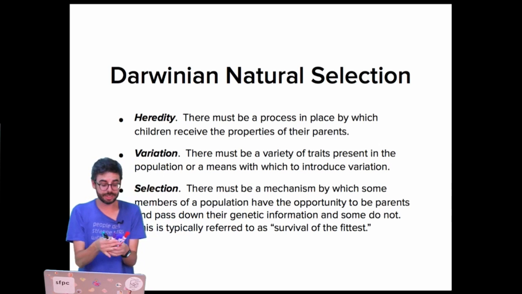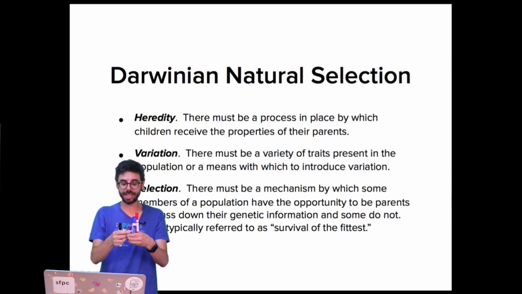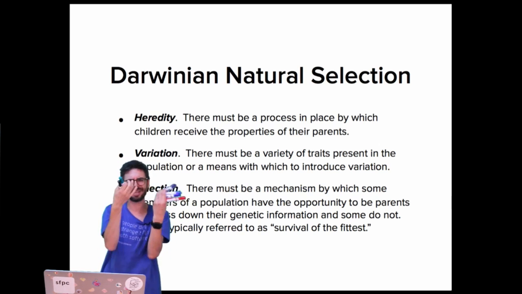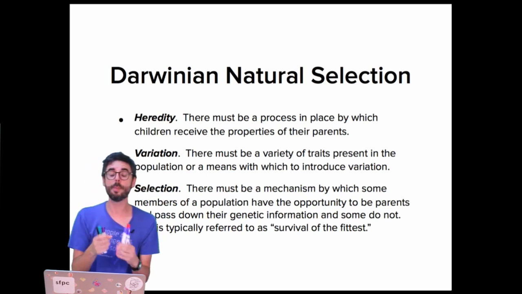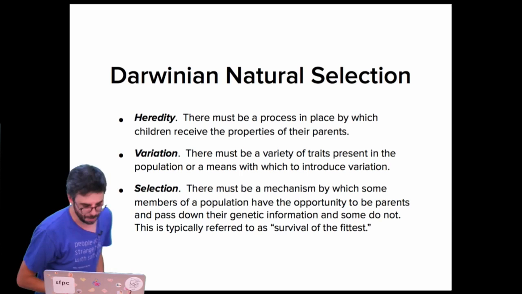However, if I were to say something like brighter colors are more likely to have their genetic information passed to the next generation, then I might be more likely to pick red or more likely to pick this green. I don't really have any bright colors, darker colors, whatever. The point is that there must be some process of selection.